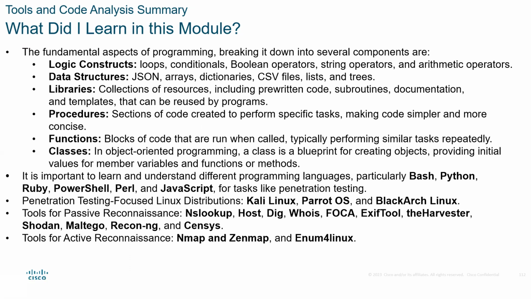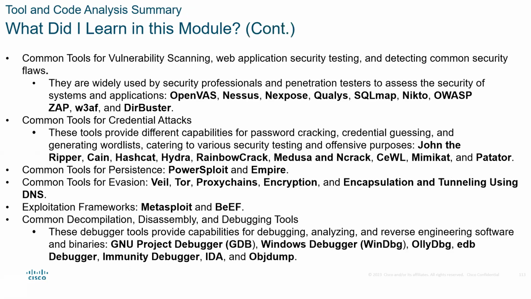Then we started classifying the different tools according to use case. So we classified according to passive reconnaissance, active reconnaissance, vulnerability scanning, credentials attacks, persistence, evasion, exploitation framework. Then we looked at compilation, disassembly, and debugging.